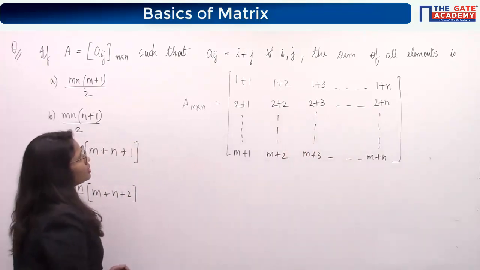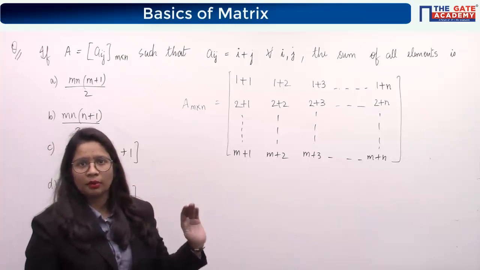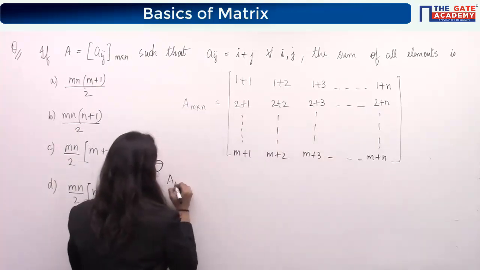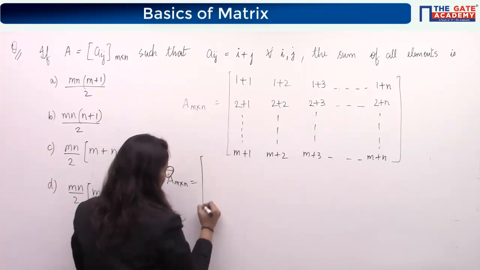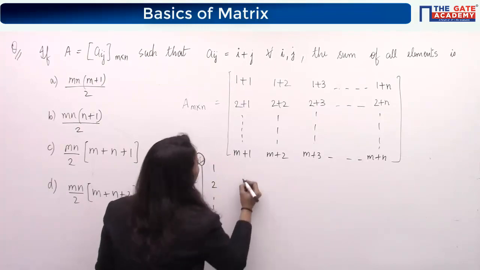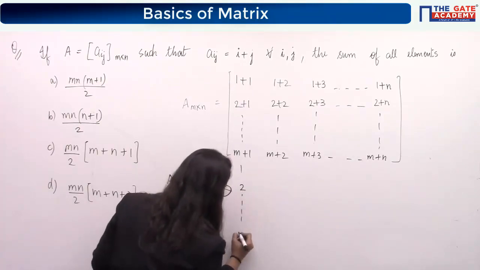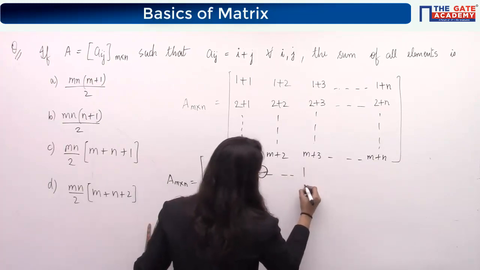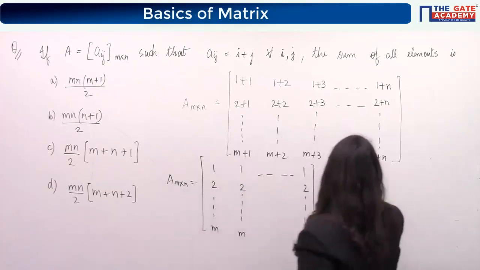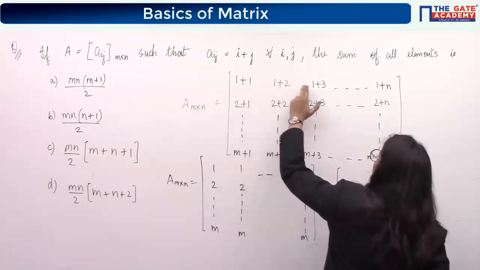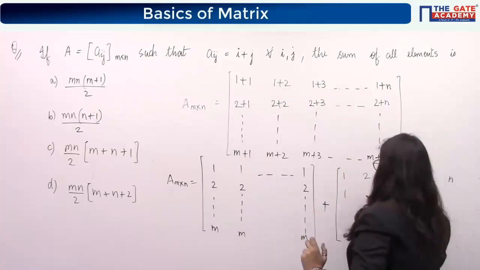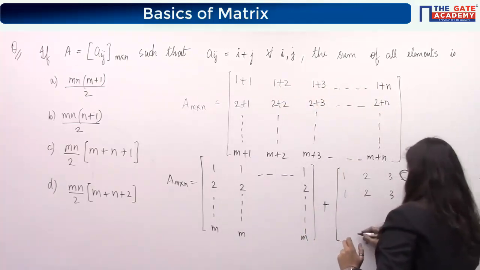Now you need to sum up all the elements. Can I split this matrix into a matrix like this? Can I write it like this? This is 1 2 and so on up to m, again 1 2 and so on up to m, and here also 1 2 and so on up to n, plus these 1 2 3 n, 1 2 3 n, and so on.